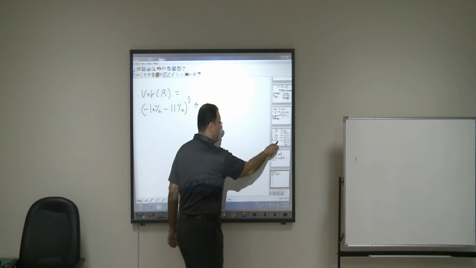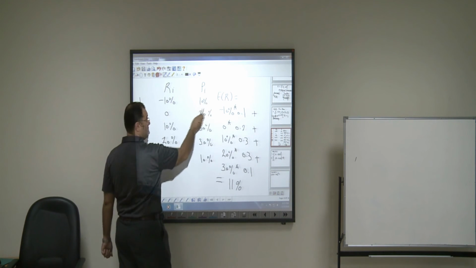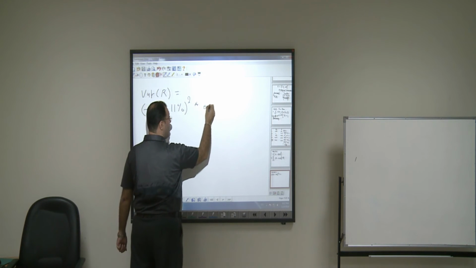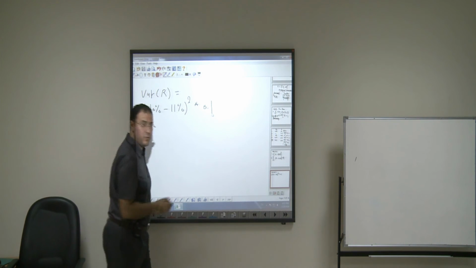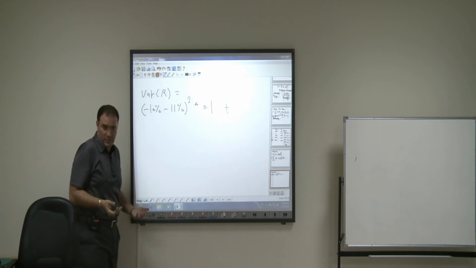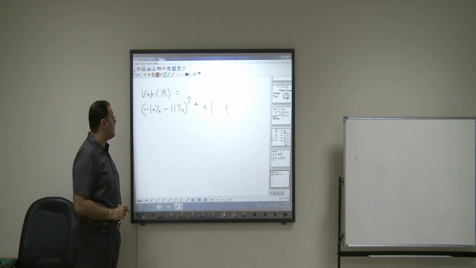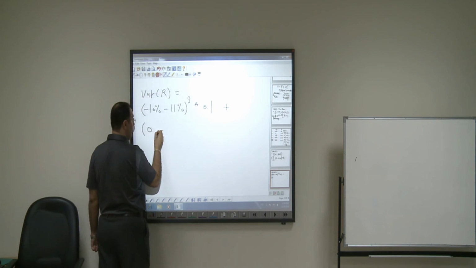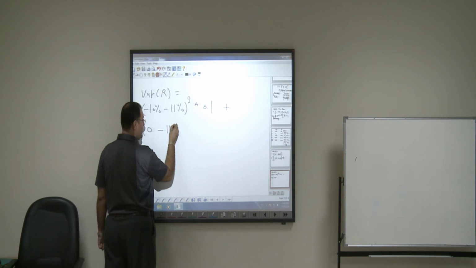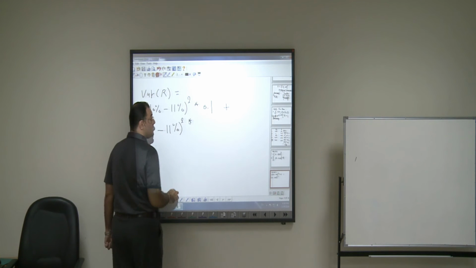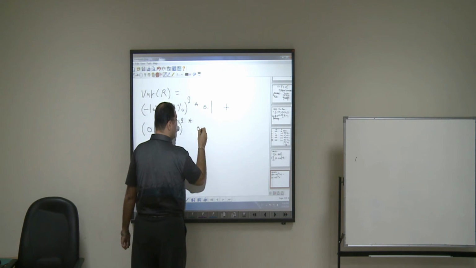And pi here was 10%, so times 0.1. Plus the other one: 0% minus 11%, squared, times 0.2.